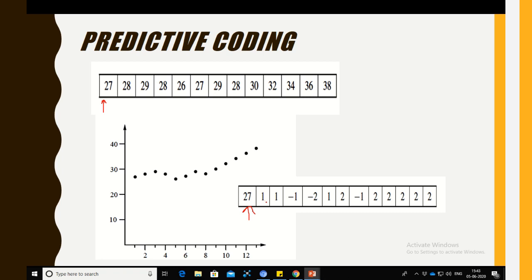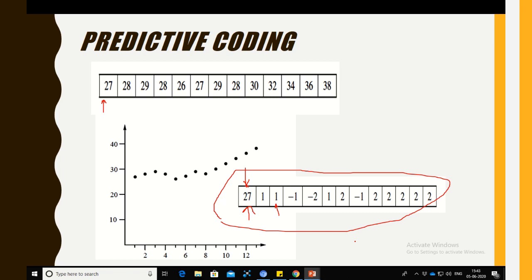Plus 1 gives me 28. Add plus 1 to the previous value, it gives me 29. Add minus 1 to the previous value, it gives me 28. This is the data I will send to the receiver: the first value as 27, and then 1, minus 1, or minus 2 values.